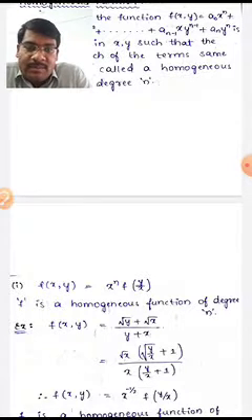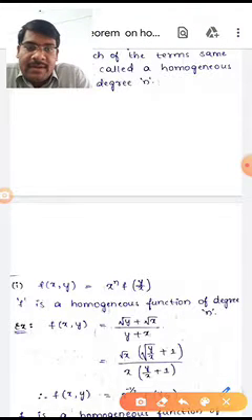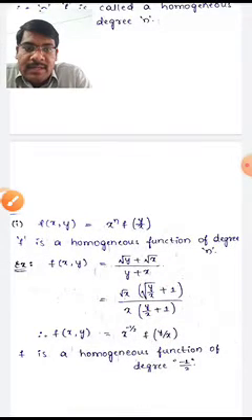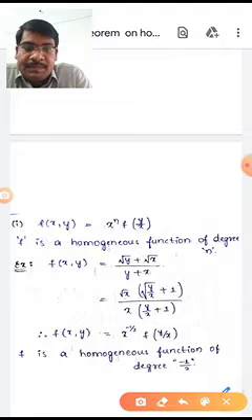Suppose an example, f of x comma y is equal to root y plus root x divided by y plus x. Here in the numerator root x is common, and in the denominator x is common. The equation goes to this form. Dividing root x by x gives x power minus 1 by 2, times f of y by x.